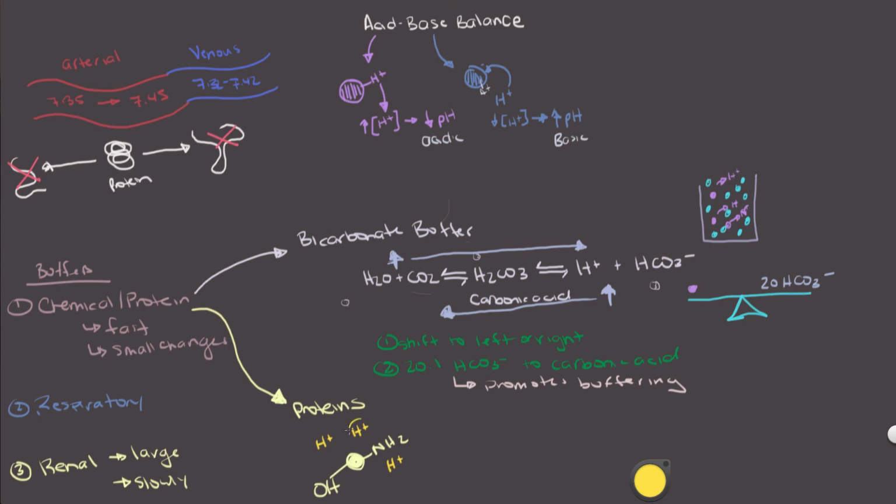So this hydrogen ion can be removed from solution, can bind to this amine group, and now instead of having NH2, we have NH3. So we removed a hydrogen ion from solution. It's now bound to that amine group, and it's helped buffer the solution. So we took something that was acidic, and we've moved towards homeostasis.